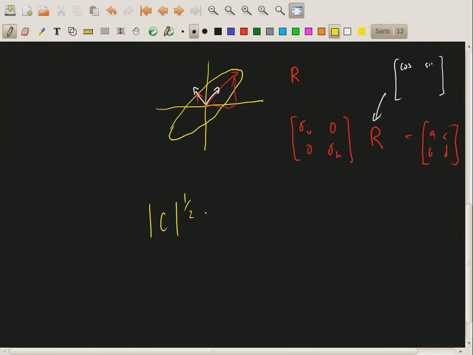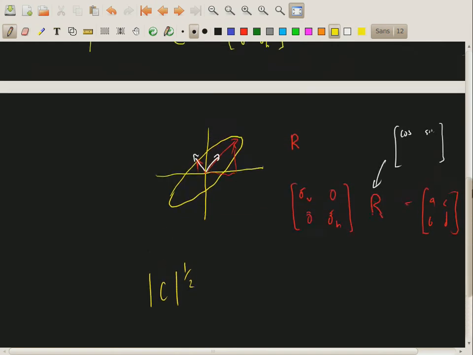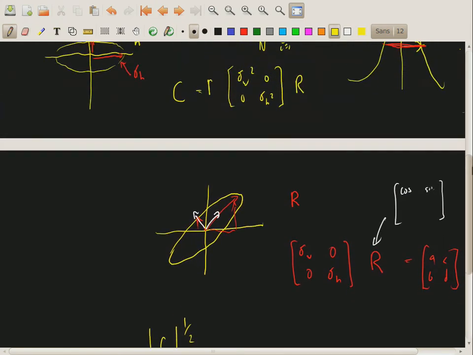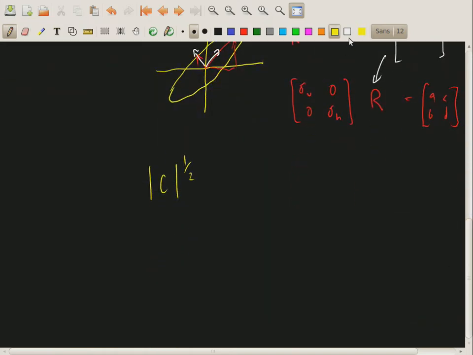I just want to give you the reason why that keeps popping up without showing the details. So the determinant of any matrix is the product of the eigenvalues. So the eigenvalues in this case are the standard deviations in the aligned case. Now let me show you why that's really obviously going to be the case, or why that's going to be important.